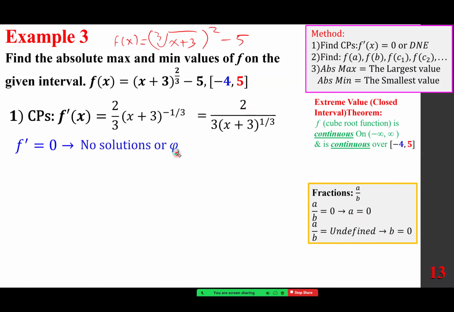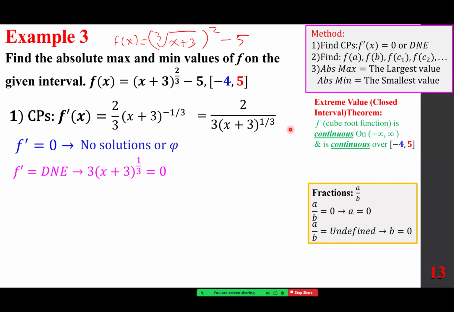So one more time. This is a fraction. When you set it equal to 0, it doesn't produce any solutions because the numerator is a number. Large, small, fraction, decimal, positive, negative, makes no difference. It's a number, you can't make it work. For f prime to not exist or be undefined, you set the denominator equal to 0.